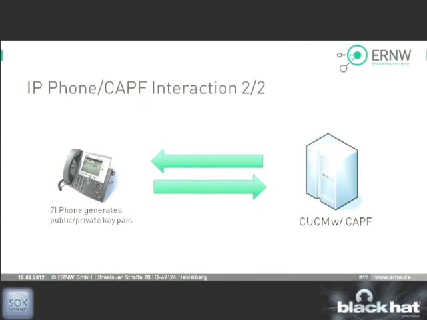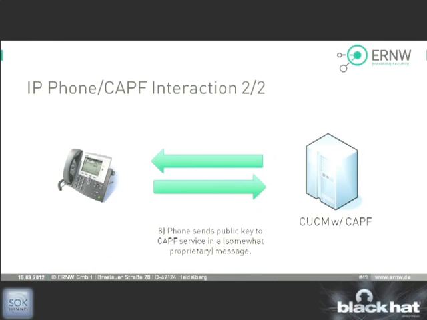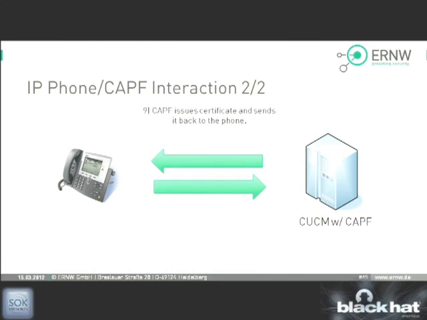After that, the phone generates a public private key pair, and sends the public key by a somewhat proprietary message to the CAPF. This one gets bundled into a cert and signed, and the certificate is sent back to the phone, which installs it and now has an LSC at its disposal to perform all types of security-related functions based on certificates in the overall picture.